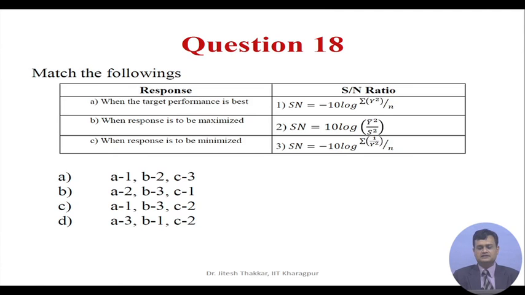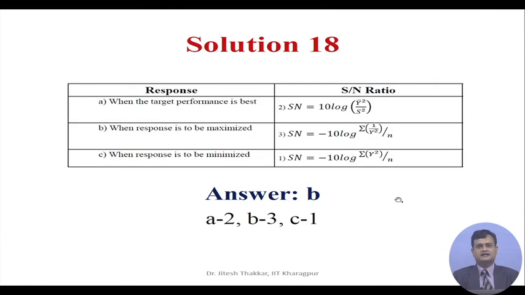You are given S by N ratio expressions on the right hand side, and you are supposed to match them with the responses. So, the correct answer is B, that is A is matching with 2, S by N ratio is equal to 10 log y bar square divided by S square, B is matching with 3 and C is matching with 1.